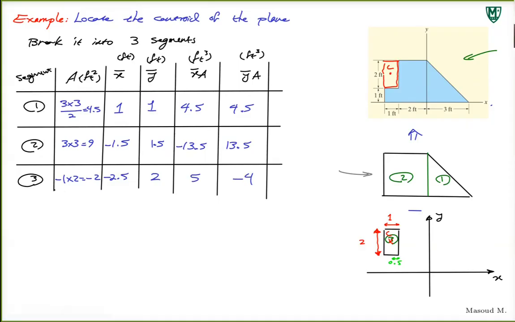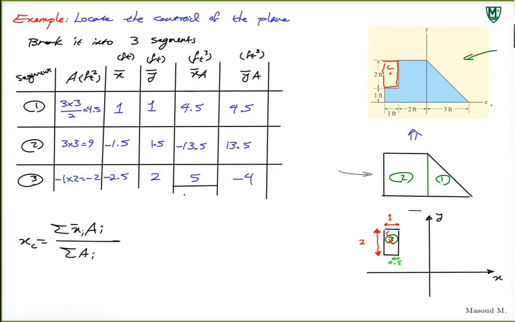Now, what am I looking for? I'm looking to form xi bar ai over summation of ai. The sum of all the xi bar ai is the summation of this column: 4.5 plus 5 minus 13.5. That gives you minus 4.